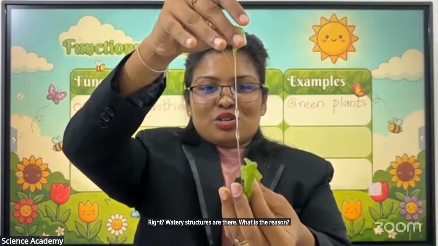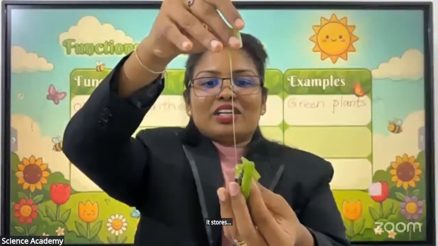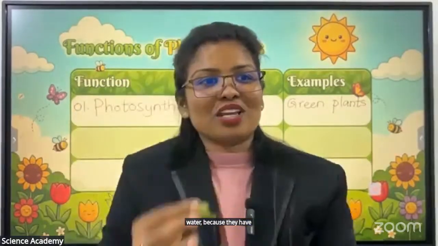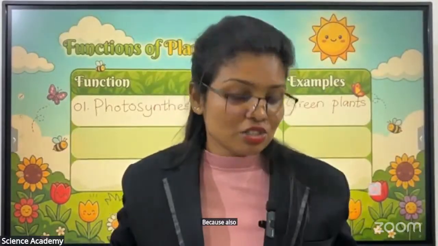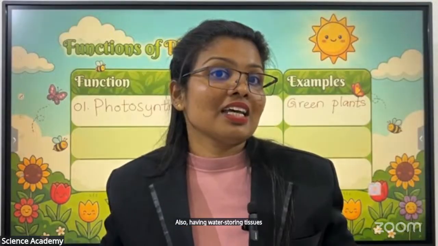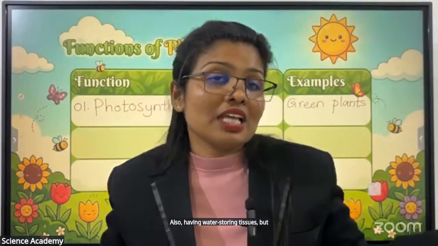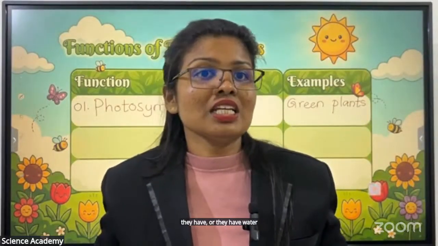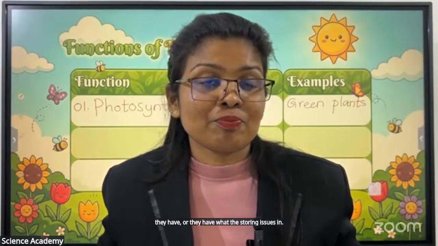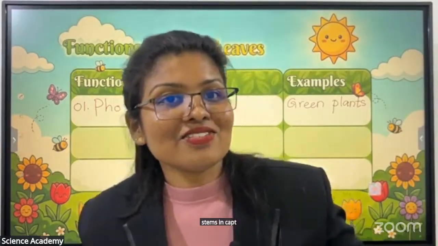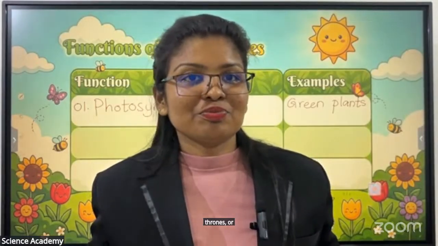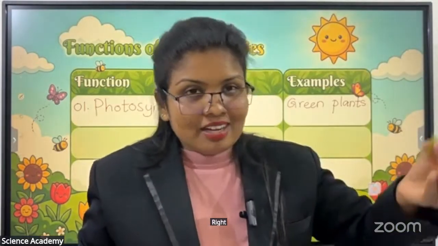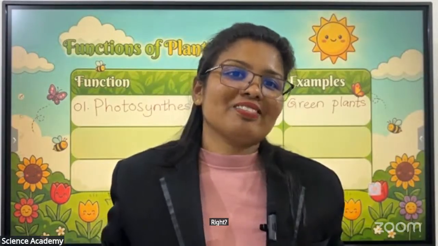It stores water because they have water storing tissues. Cactus also has water storing tissues, but in the stems. In cactus, leaves are converted into thorns or spines, right? පත්‍ර කටු බවට තමයි cactus වල පත් වෙලා තියෙන්නේ.